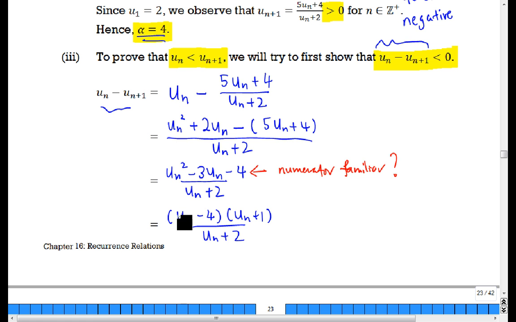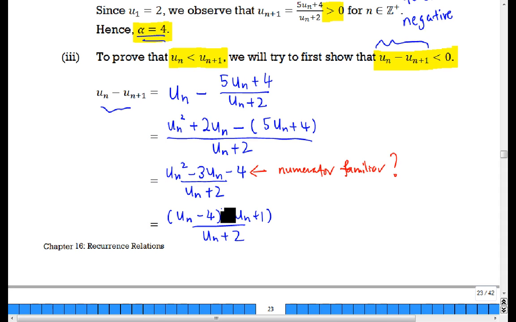Let's look at un minus 4. Is this positive or negative? Don't know? Never mind. Look at the question. Question on page 51, part 3. You are given that un is smaller than 4. So is un minus 4 positive or negative? Negative, correct?